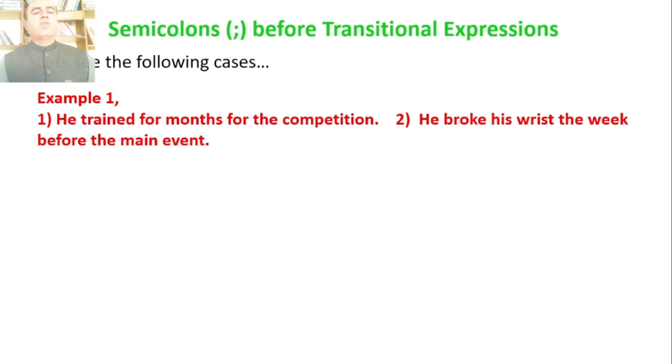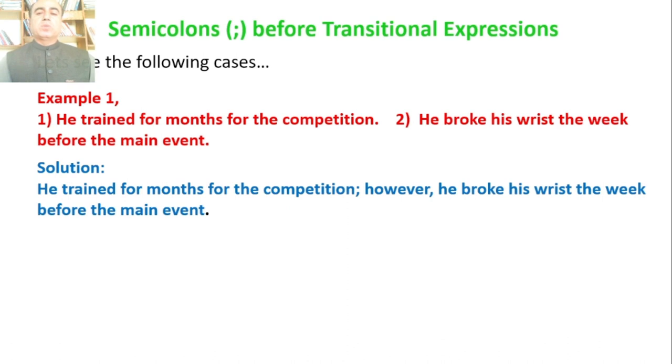That if someone trained for months for a competition, likely he would participate in the competition and maybe he would win it. But here something different has happened. So this is the case of a transitional. We need to put a transitional here. A transitional will make us alert. He trained for months for the competition; however. Now, "however" means something unexpected.